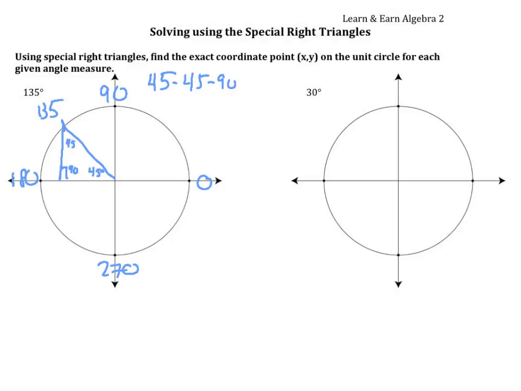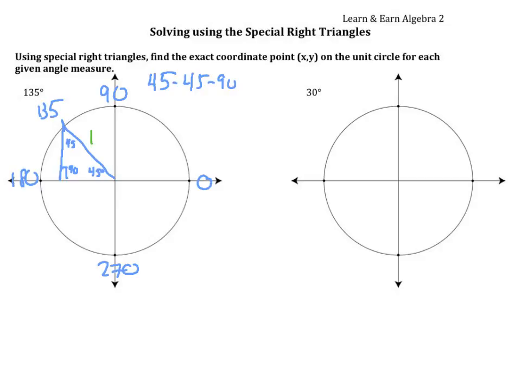Now, because my distance from the origin to the circle is always going to be 1, the rule for 45, 45, 90 states that the hypotenuse is square root of 2 times the length of either side.